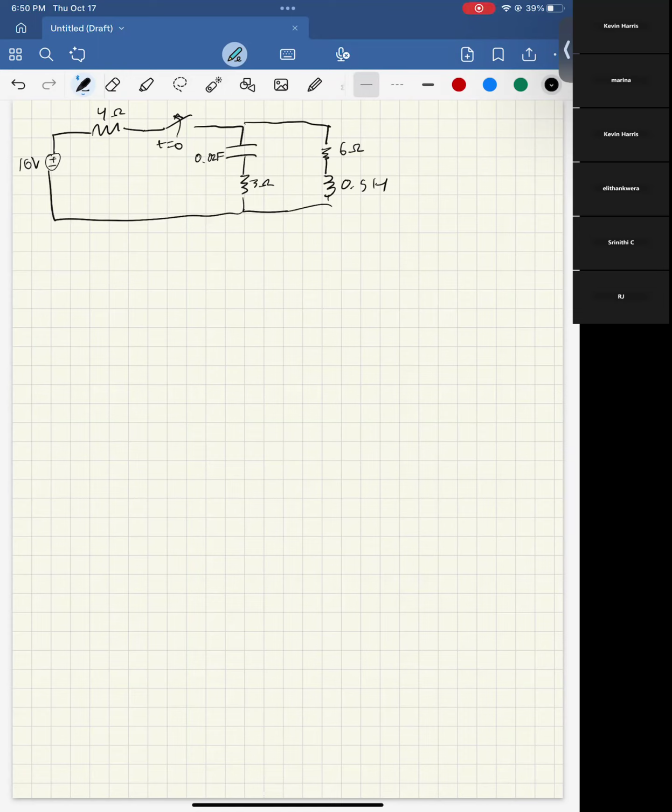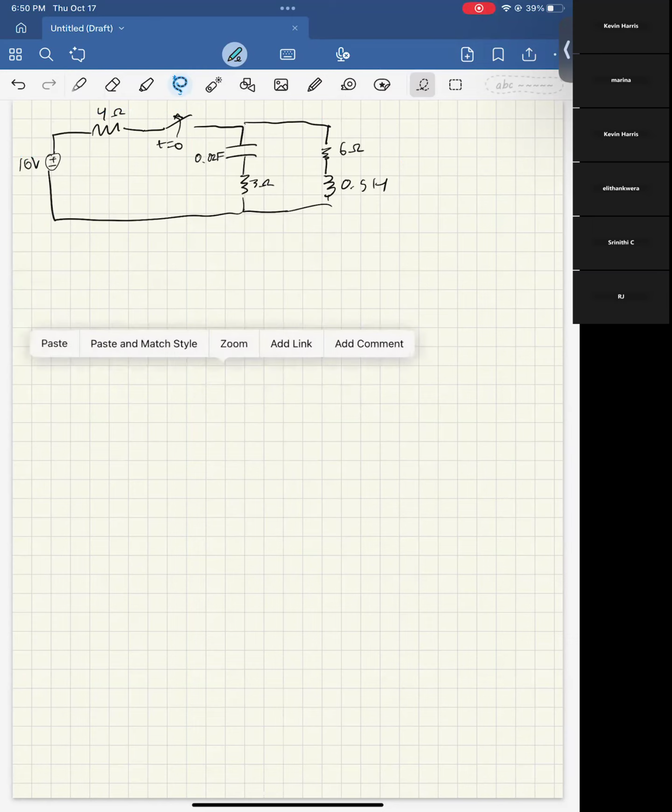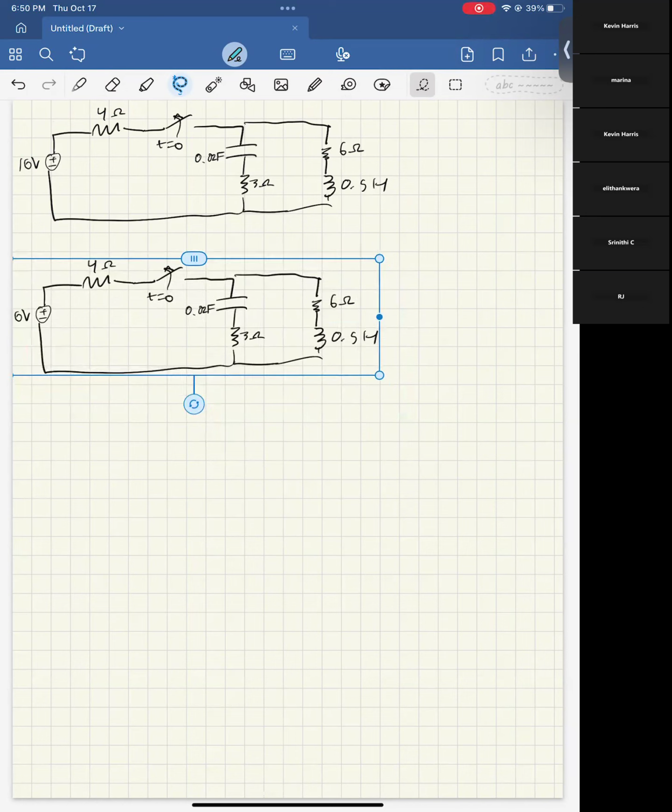Okay, so much in the same way as we handled the inductors and the capacitors, we're going to start by looking before the switch has moved and then after the switch has moved. So before the switch has moved, the circuit looks a little something like this. This is a 10.